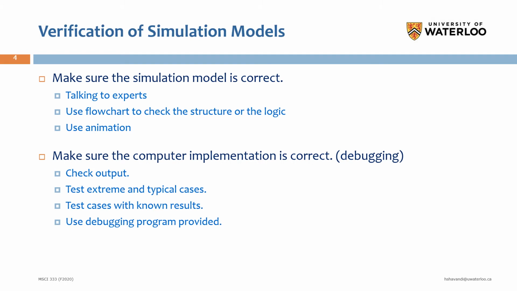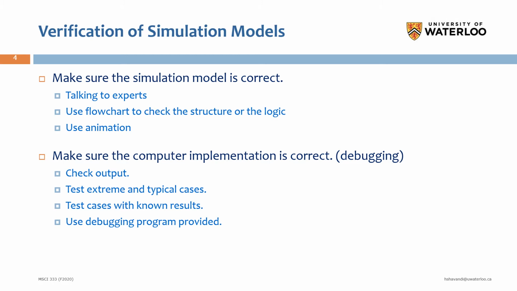Also we want to make sure that the computer implementation is correct. We have a conceptual model, we have an implemented program, so we want to see if that job is done correctly. We can use debugging, we can check the output, we can test the extreme and typical cases, or we can test cases with known results. And also we can use a debugging program provided.